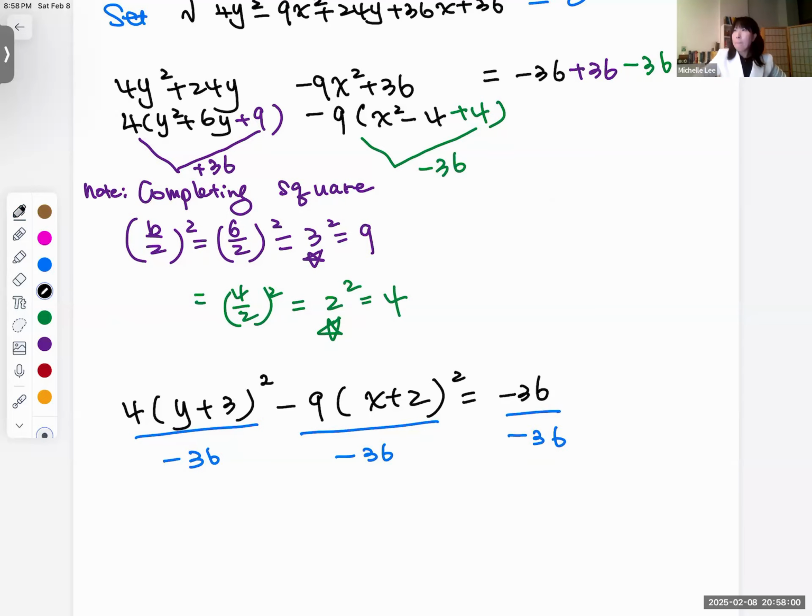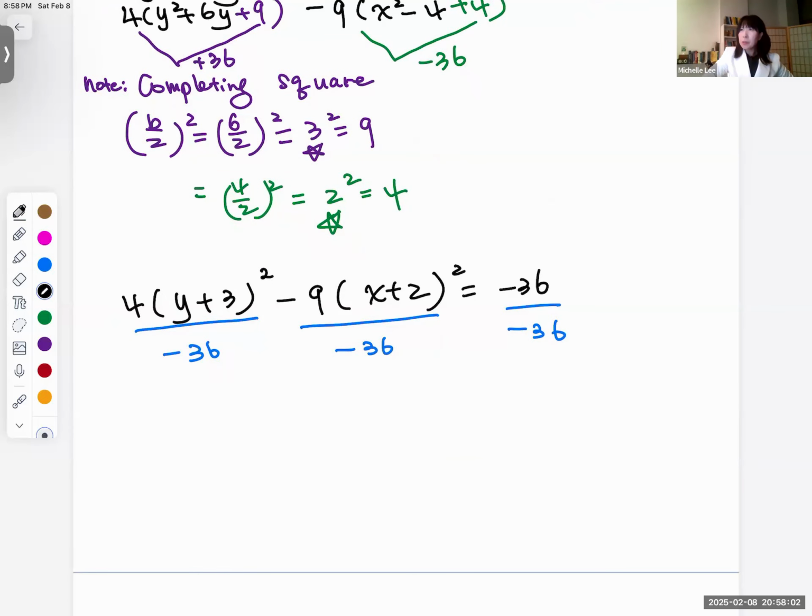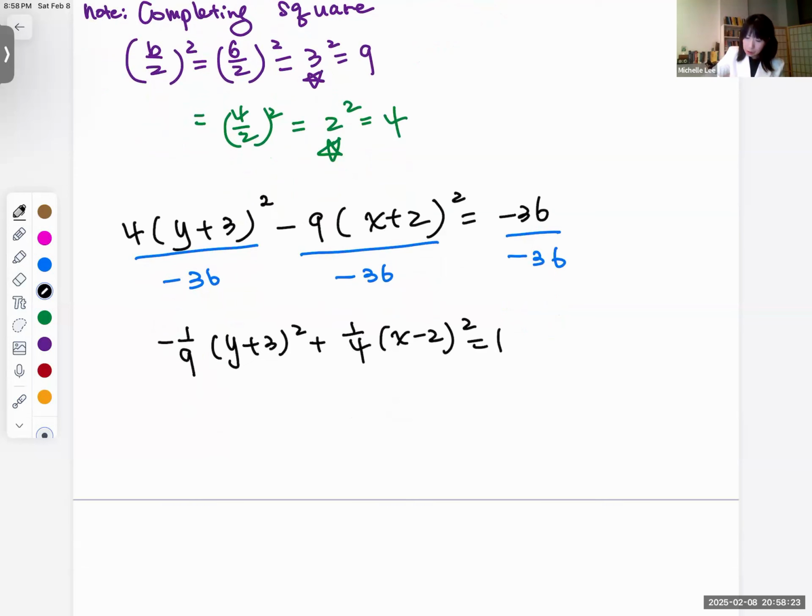Then we get the first term, it's a negative 9. Second term, positive. Minus 2 squared equal to 1. Okay, so I want to arrange x and y, switch. So we have 1 over 4, x minus 2 squared, minus 1 over 9, y plus 3 squared equal to 1, right?